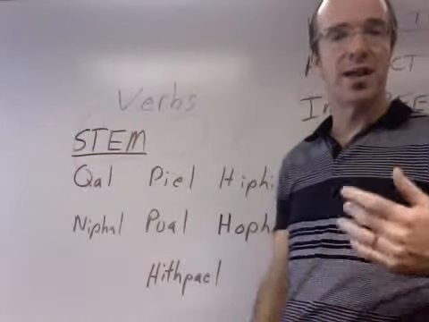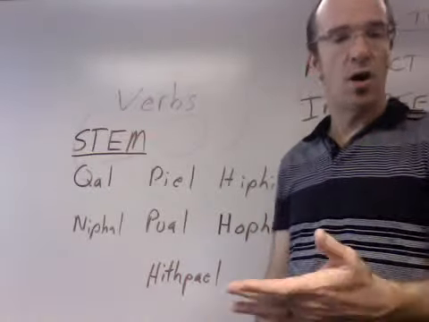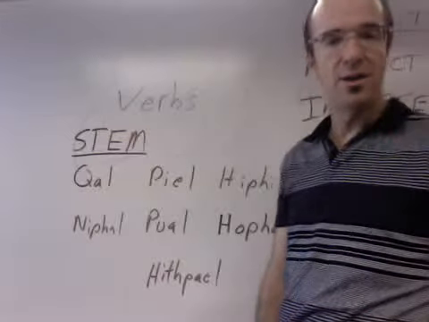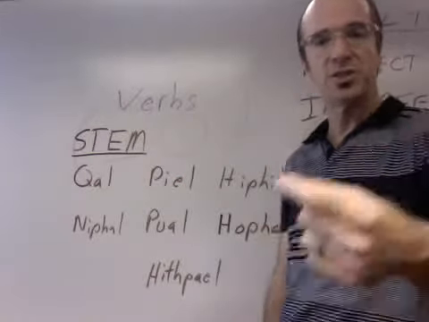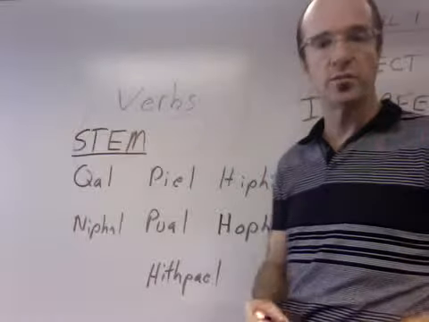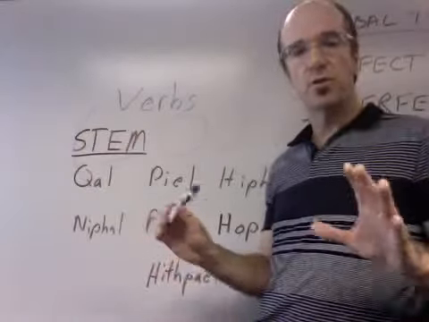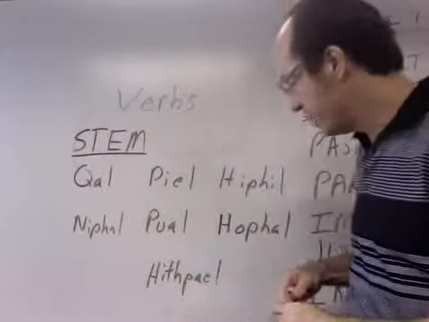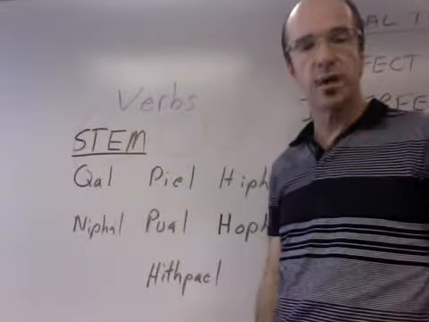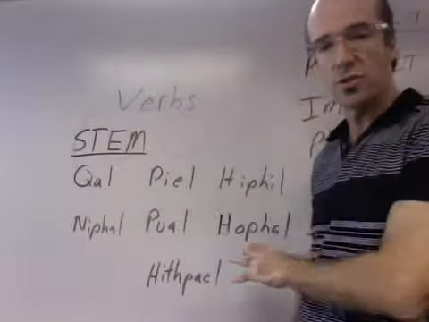Instead of I kick the dog, that's an active with an object, what if I kicked myself? There I'm both doing the action and receiving the action. That would be a classic example of the middle reflexive voice. So your nifal will do that in this category, and then there's the hithpael that has that middle reflexive category for these other stems.